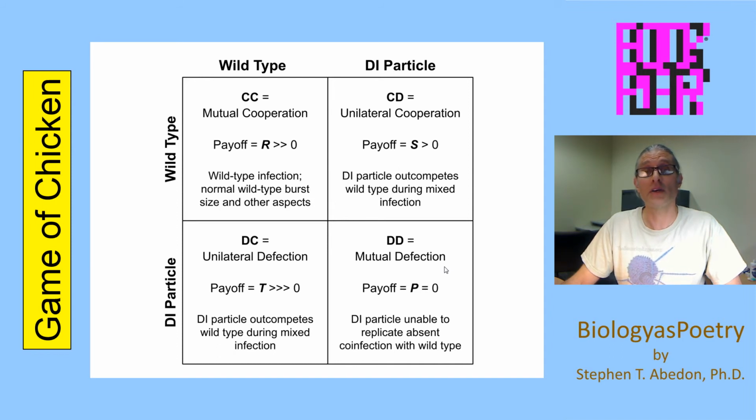Thus, when the likelihood of actually having to participate in a mutual defection interaction is low, selection can favor the evolution of defection within such populations. Another way of saying this is when the potential for a defector to take advantage of cooperators is high, there's little incentive to not be a defector.